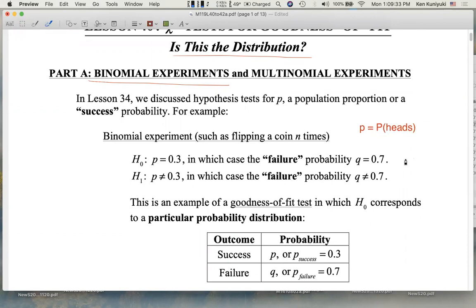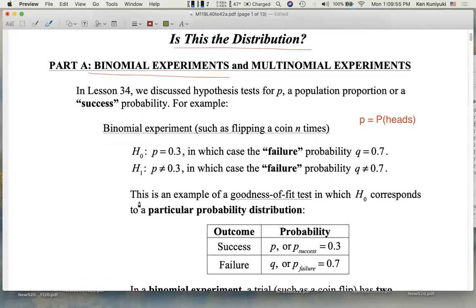Maybe heads is a success. The null could say P equals 0.3. Maybe the null says that the probability of heads is 30%, in which case the failure probability, Q, is 70%, or 0.7. The alternative would say that P is not 0.3 in a two-tailed test, right?